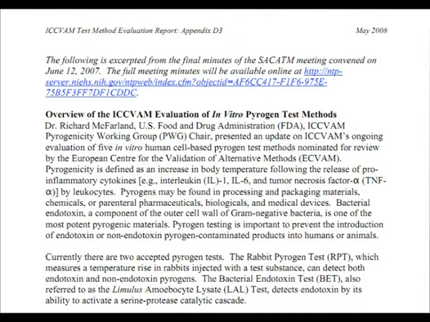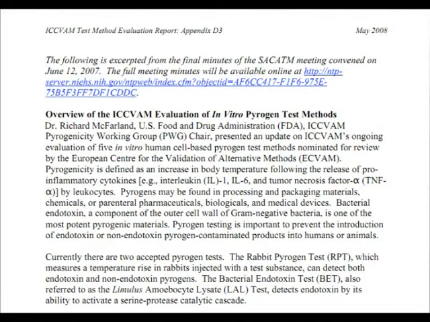Pyrogenicity is defined as an increase in body temperature following the release of pro-inflammatory cytokines, e.g. interleukin and tumour necrosis factor by leukocytes. Anyway, it goes on.